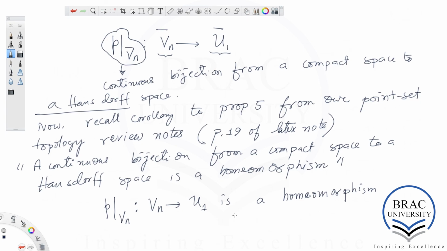And it's a homeomorphism for each n in the set of positive integers.